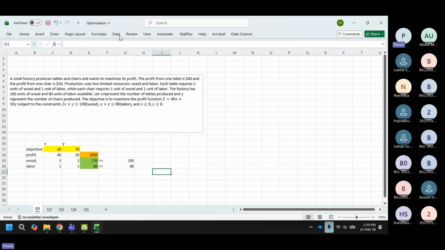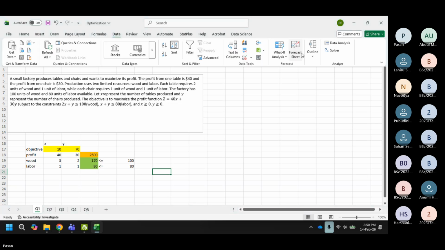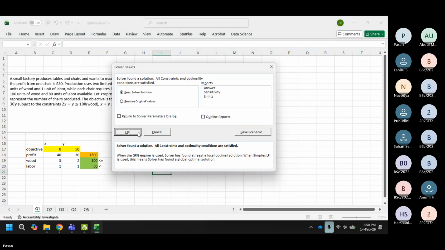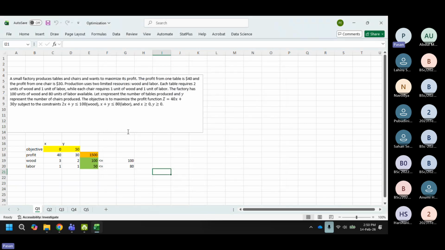I will put 2 there. Oh, okay, so now it becomes 0 and 50. That means there's no point of producing this one, right? So I may have to change this as well. I can put this as 1.5.